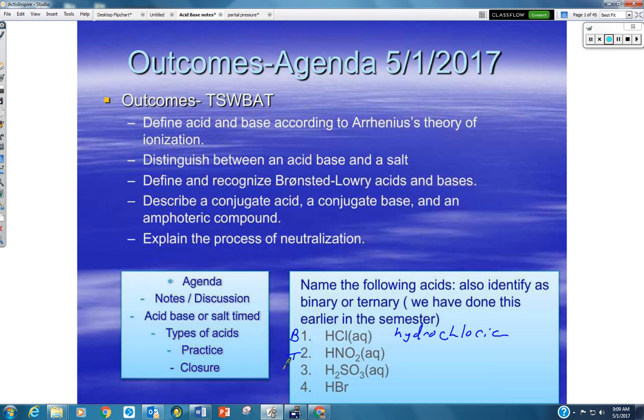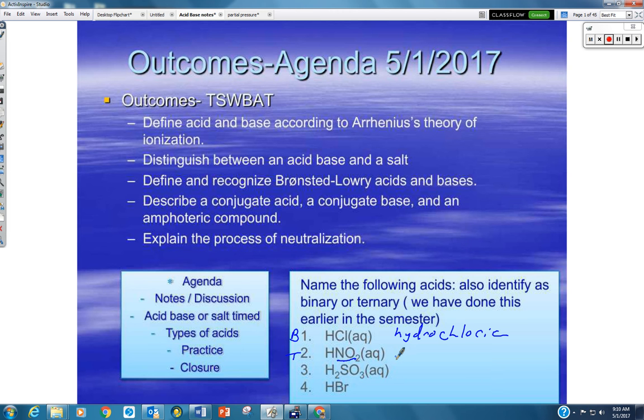Ternary. Remember, anytime you see a polyatomic ion in there, that makes it ternary. For ternary acids, what's the important thing to look at based off of the polyatomic ion? If it ends with ite, I-T-E, or ate, A-T-E, remember, ate becomes ic, ite becomes ous, and we name it based off of the polyatomic.